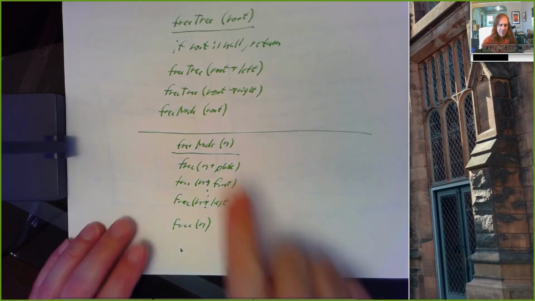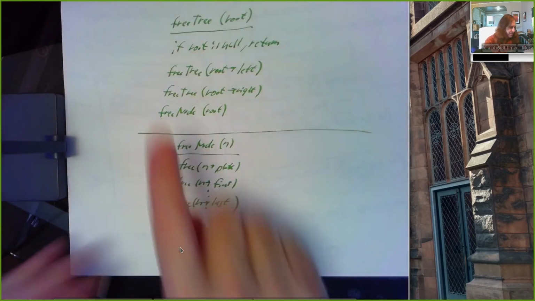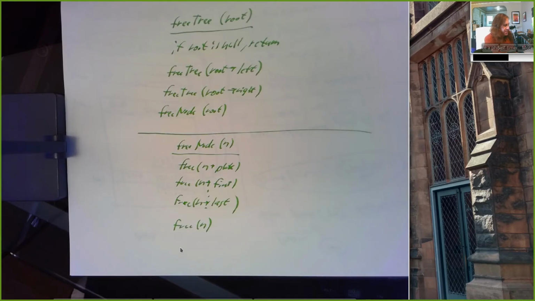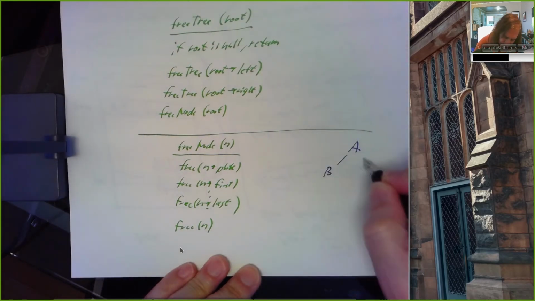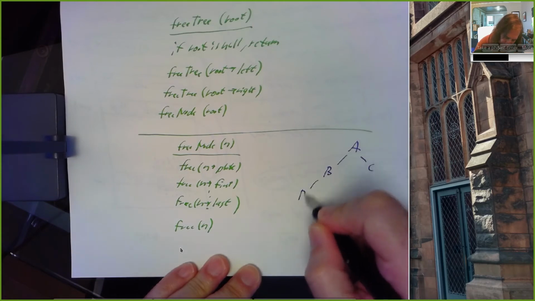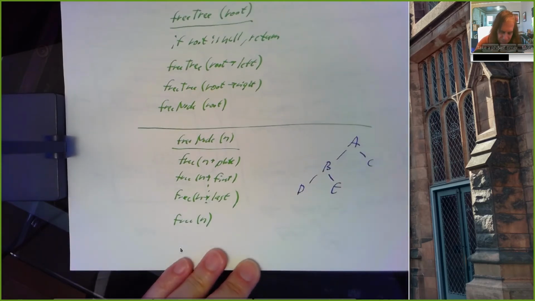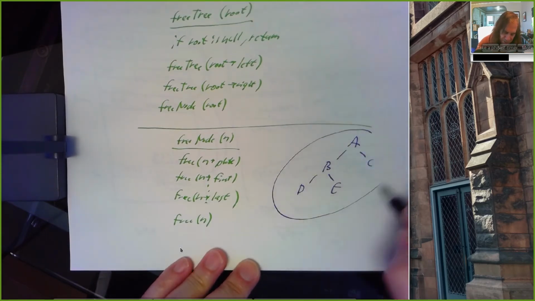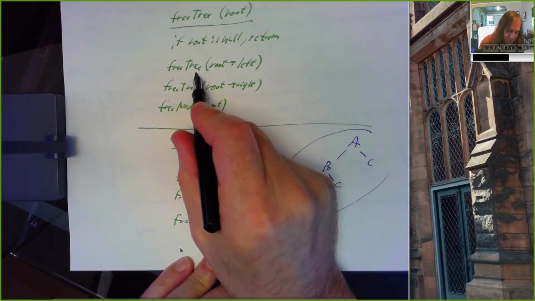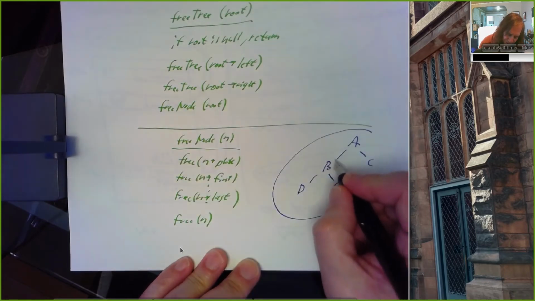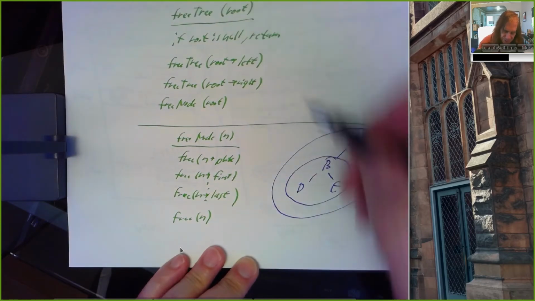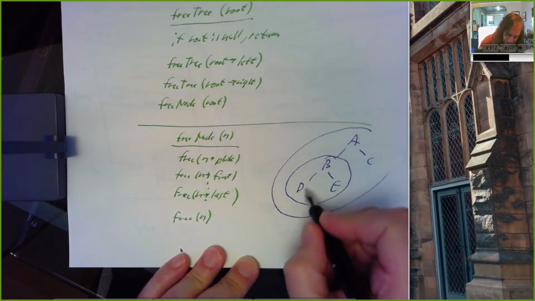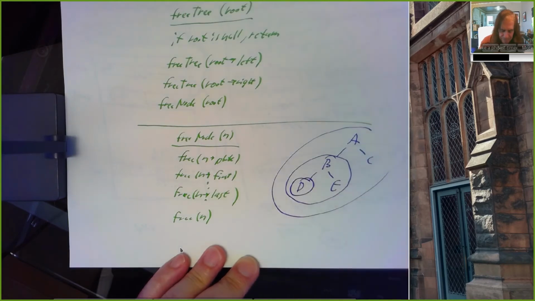And if you think about what these lines are going to do, let's suppose that your tree looks like A, B, C, D, E. And we say, I want to free this tree. Well, the first thing I'm going to do is I'm going to call free tree on this. And the first thing that free tree is going to do, while the root's not null, it's going to call free tree on this.